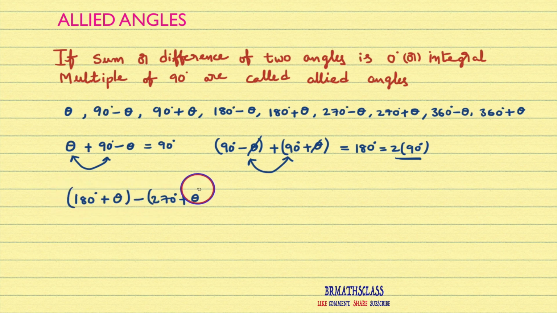The plus theta terms get cancelled. 180 minus 270 degrees is minus 90 degrees, which is minus 1 into 90 degrees. So the difference of these two angles is an integral multiple of 90 degrees. So we say that 180 degrees plus theta and 270 degrees plus theta are allied angles.